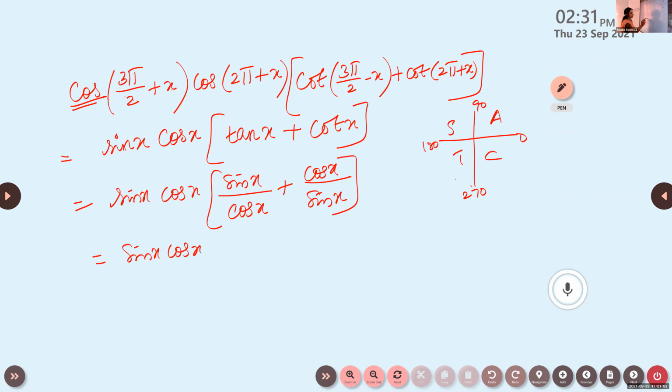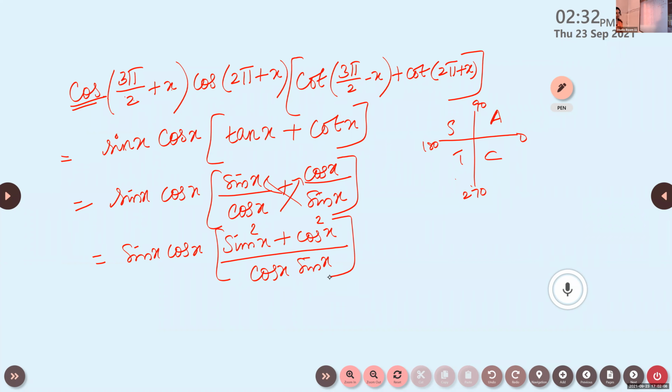When we cross multiply this, we'll get sine square x plus cos square x. So these two will get cancelled, sine square x plus cos square x, which is equivalent to 1, identity. Using the trigonometric identity, it is same as 1.